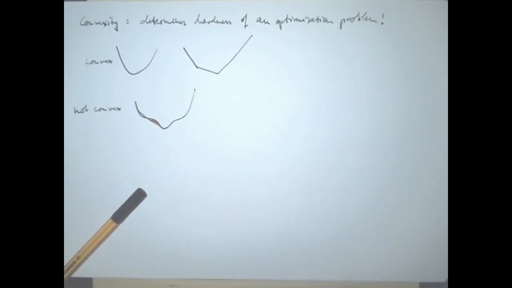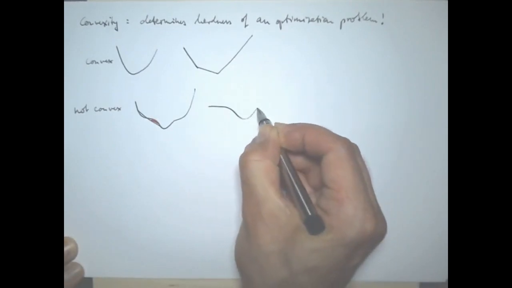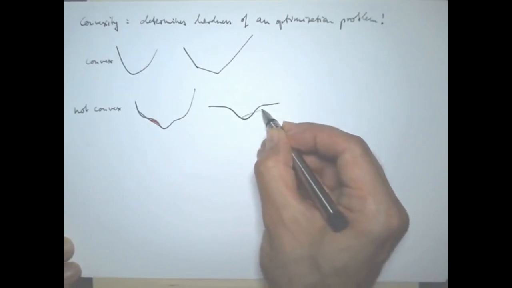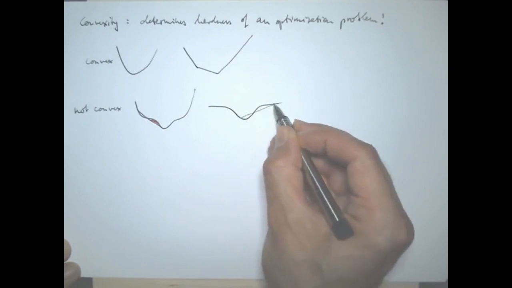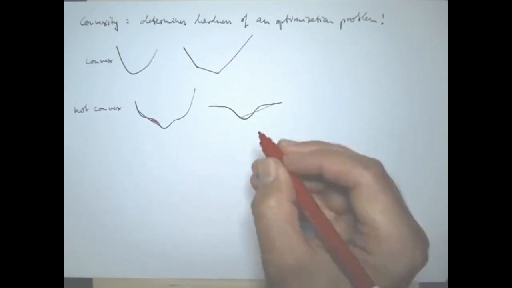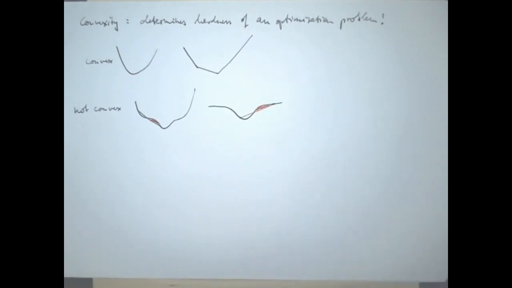This is why it's not convex. And if you look at robust potentials and so on, then for the same reason, these are not convex, because again, if I connect any point with any other point here, then I intersect my original curve, and this is thus non-convex.